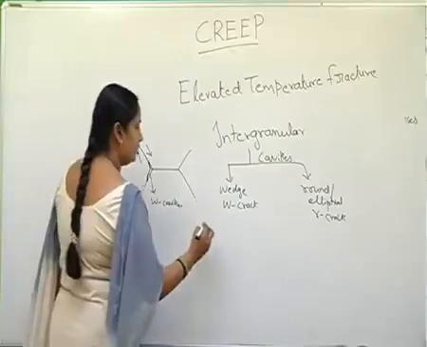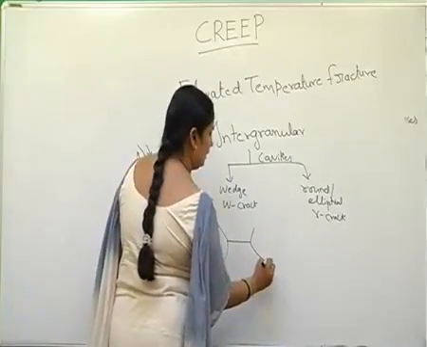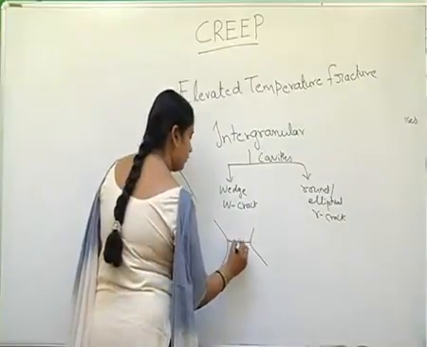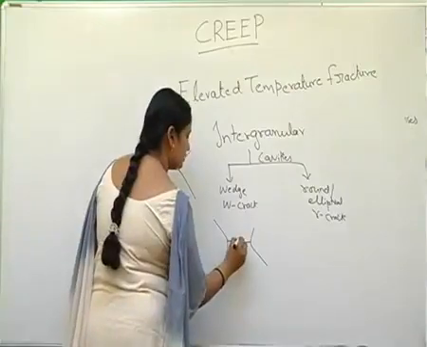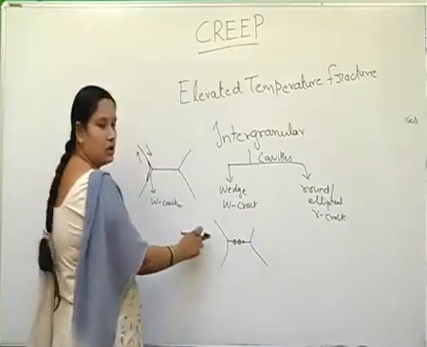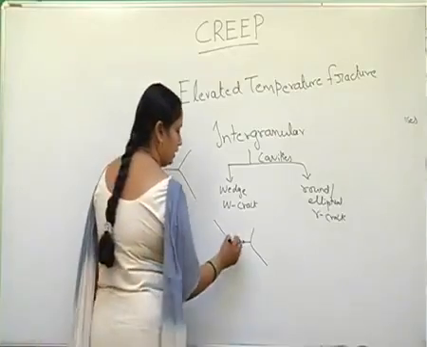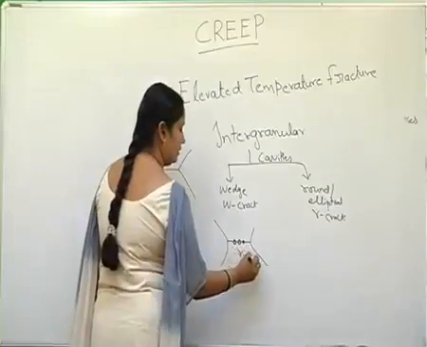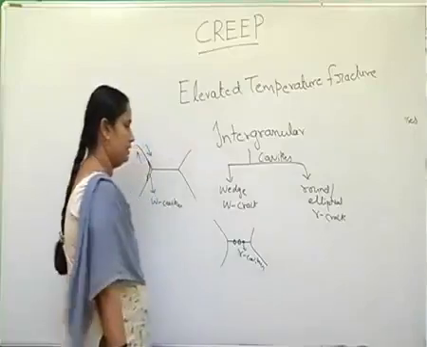In the case of R type, round or elliptical cracking, we can see the voids which form at the grain boundaries. They do not form at the corners, unlike the W type cavities.